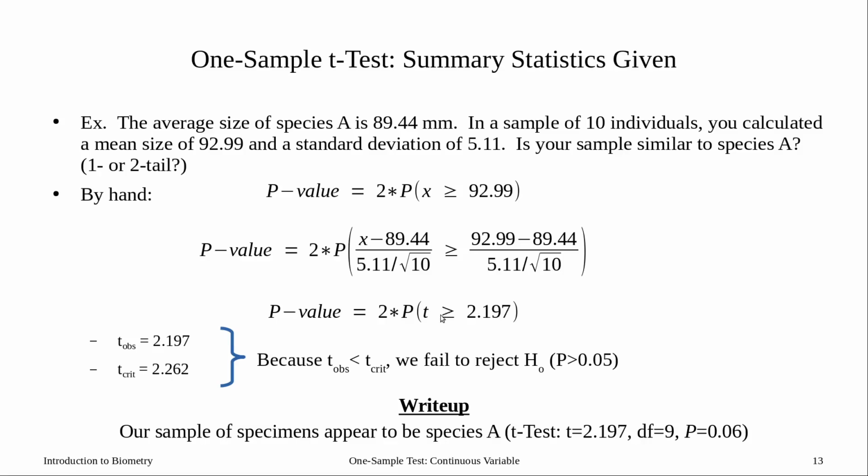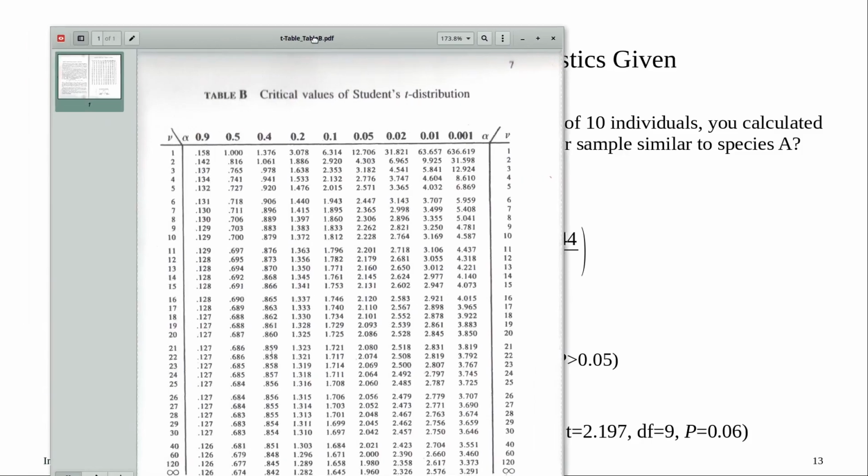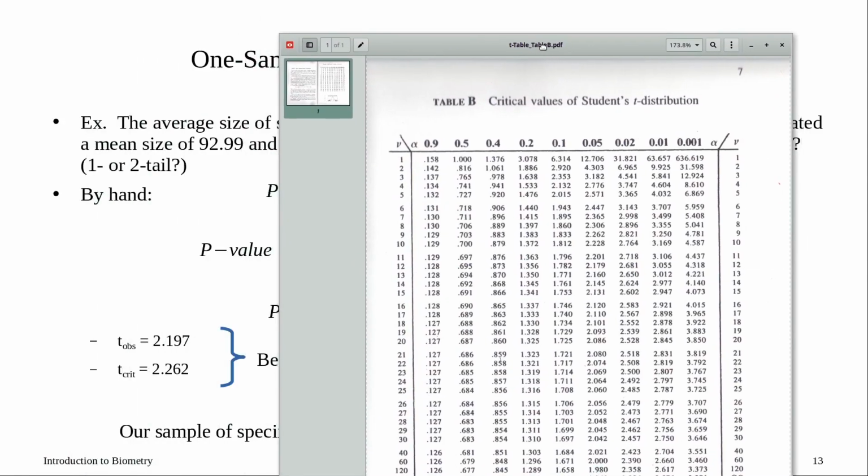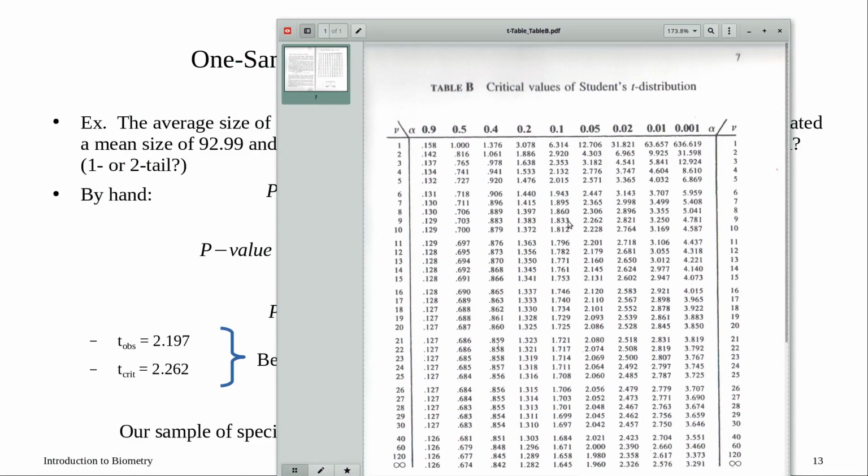Now we can calculate this in R, and I'll show you how. But we're going to use our table. So pause the video, open up your table, and come back. Alright, so hopefully you have your t-table, and here's mine. We are looking for the t-critical value.